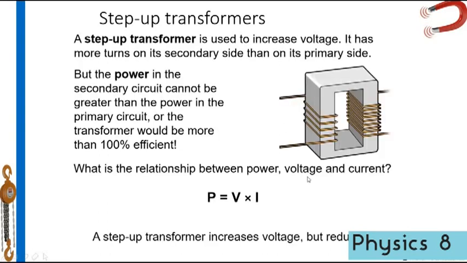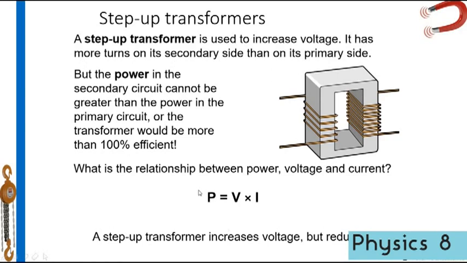Now, the power in the secondary circuit cannot be greater than the power in the primary circuit. If this was the case, then the transformer would be more than 100% efficient. You can't have more power on one side than you have on the other side because of conservation of energy. Now, what is the relationship between power, voltage, and current in a transformer?